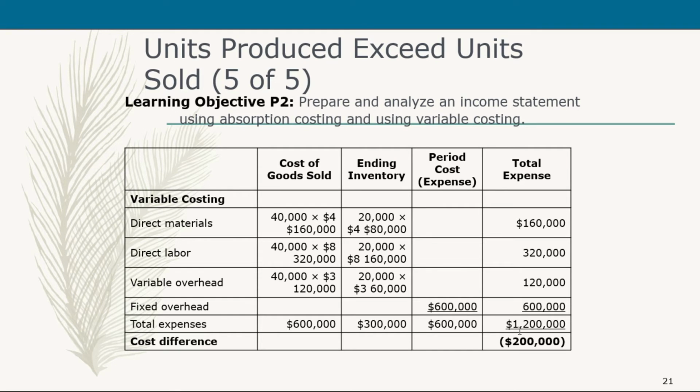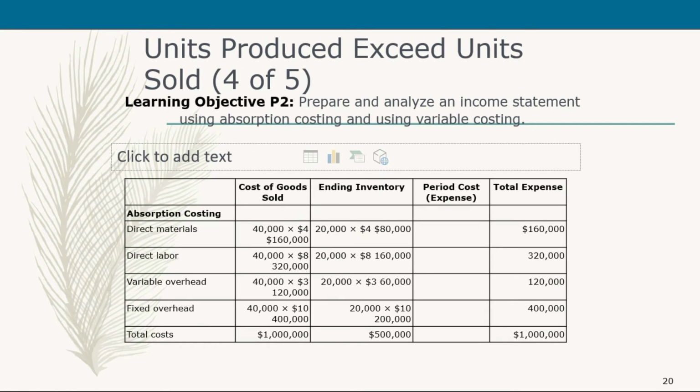That's why it will give us a difference of $200,000. Whereas with your absorption costing, the $600,000 here under variable costing is not part of your period cost, but it should be allocated to your cost of goods sold and to your ending inventory pertaining to your units sold and unsold respectively.